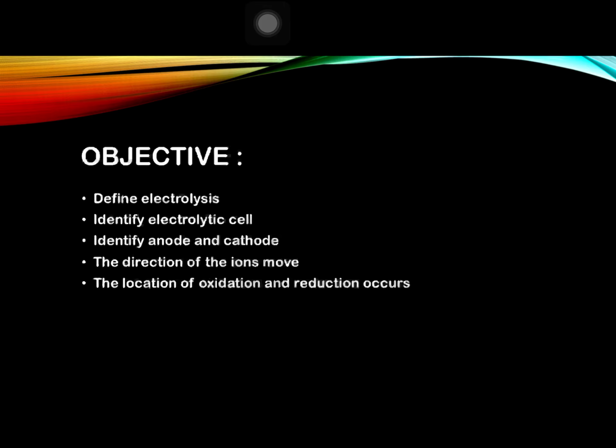So here are the objectives of the lesson that we need to achieve today. First, students are able to define electrolysis, identify the electrolytic cell, identify anode and cathode, identify the direction of the ions move, and also the location of the oxidation and reduction occurs.